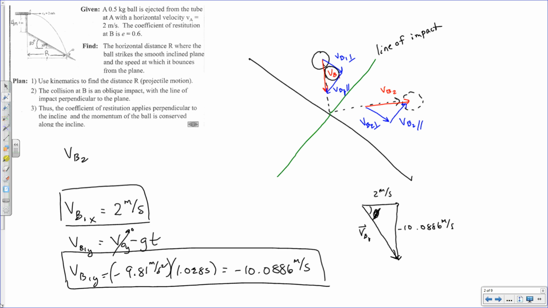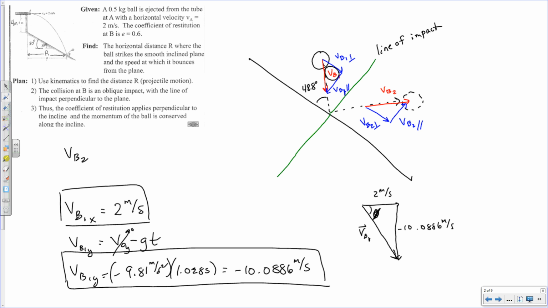Takes a little thinking. I don't expect you to just see this immediately, but replay this video as many times as necessary. That means 48.8 degrees is the angle at which this ball is approaching the surface. Now we have enough information to determine the components of VB1 in the parallel and perpendicular directions. Okay?